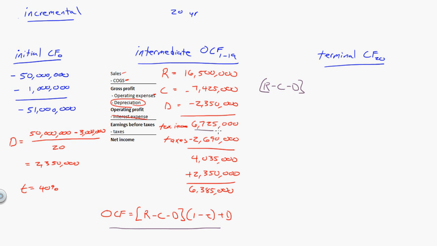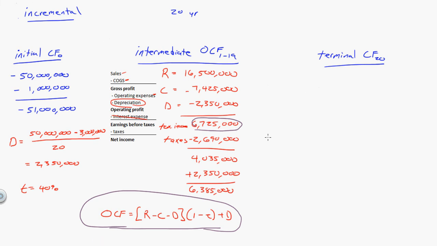That is this number right here. Then you said I need to subtract my taxes, so you took that $6,725,000, which was revenue minus cost minus depreciation, multiplied by the tax rate, and then you add depreciation back. So that is the same thing as this if you just did the algebra.